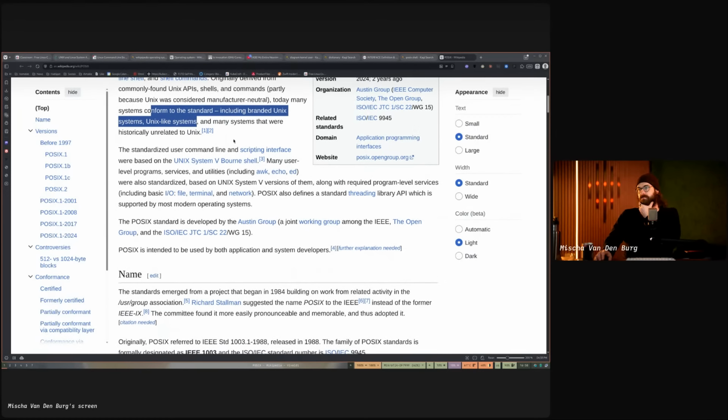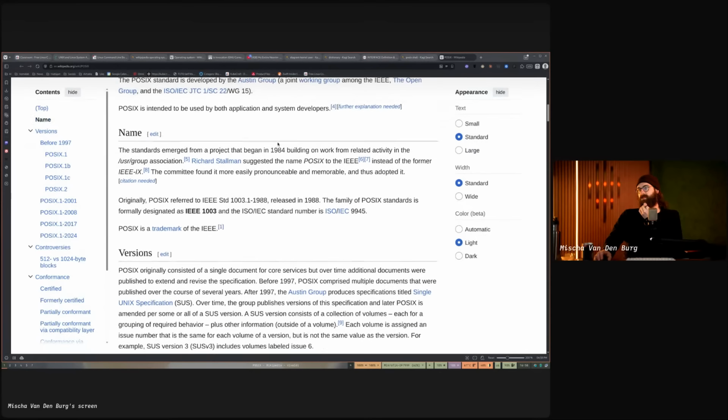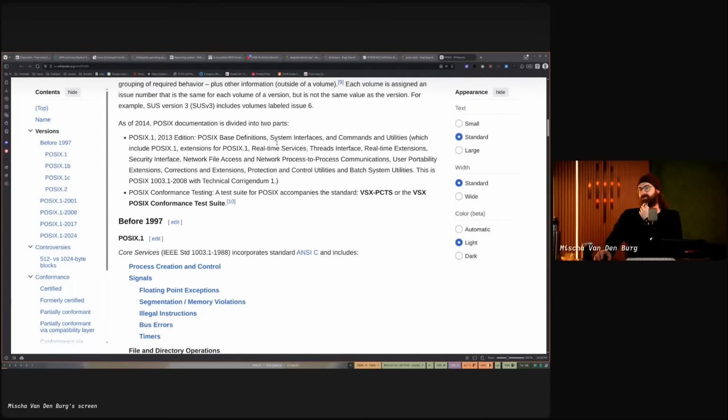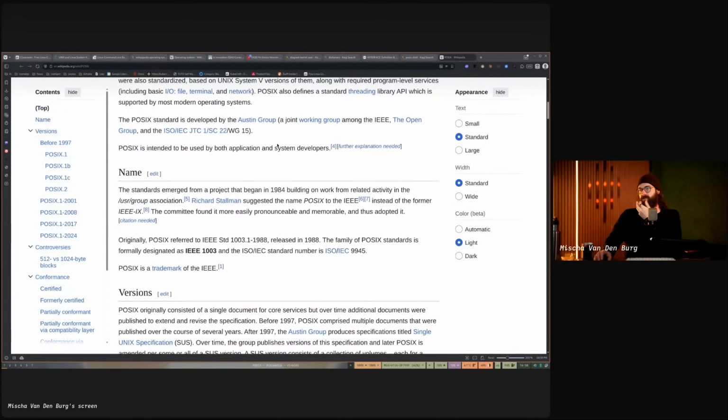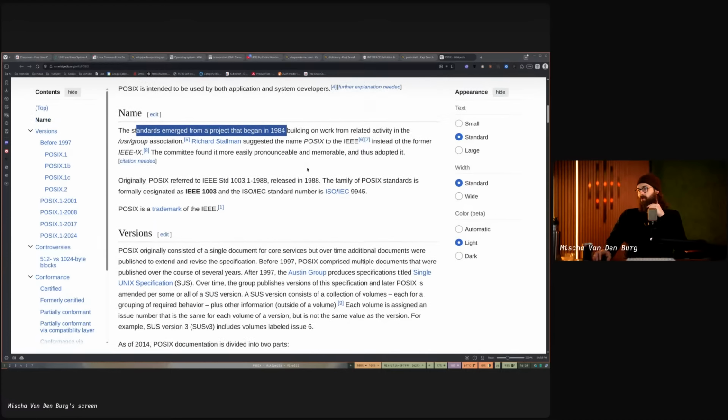So this is actually interesting. I would love to go deeper into this. I'm not sure how useful it is for people to know this. I'm not completely knowledgeable in all of the history because I was not alive during that time. Like the name standard, this emerged in 1984, so I wasn't even born then.